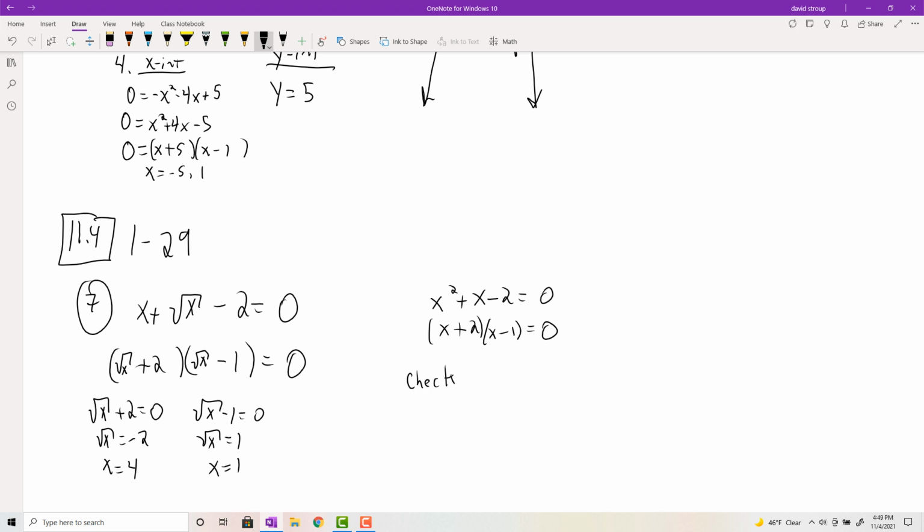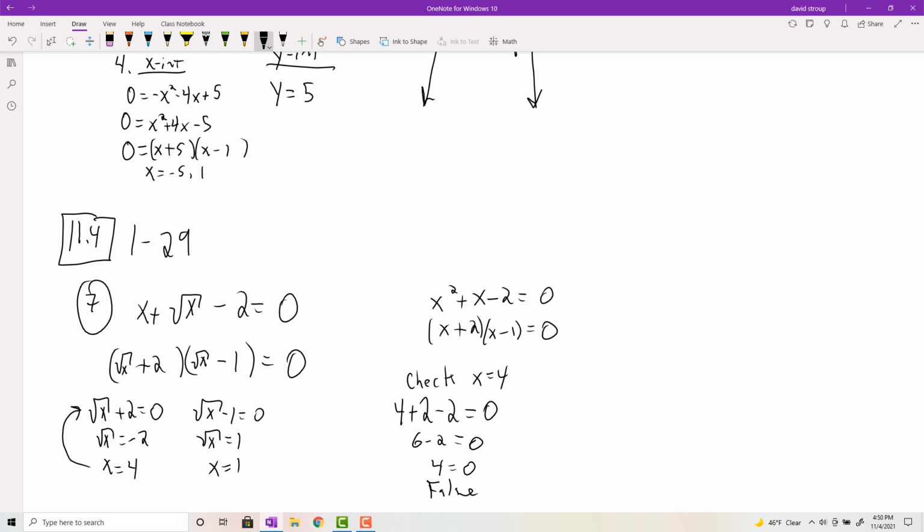So check x equals 4. I think in the lecture notes I just went back to that equation. You could do that too, but I'll go back to the original because that's what the book does. So 4 plus square root of 4 is 2, minus 2 equals 0. Left hand side, right hand side: 6 minus 2 is 0. 4 is 0? No, that's false, so that one doesn't work.